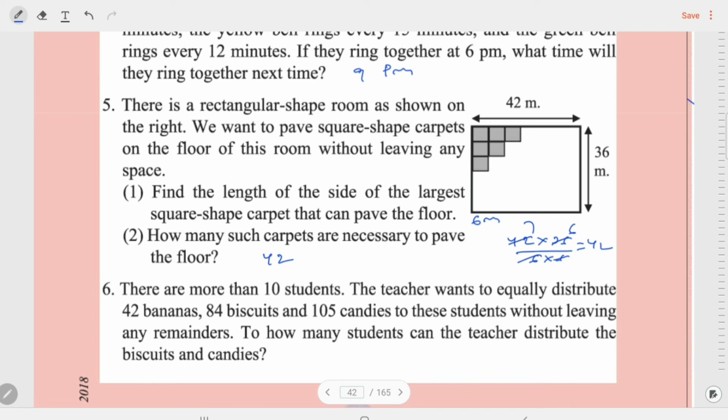There are more than 10 students. The teacher wants to equally distribute 42 bananas, 84 biscuits and 105 candies to the students without leaving any remainder. To how many students can the teacher distribute the biscuits and candies?